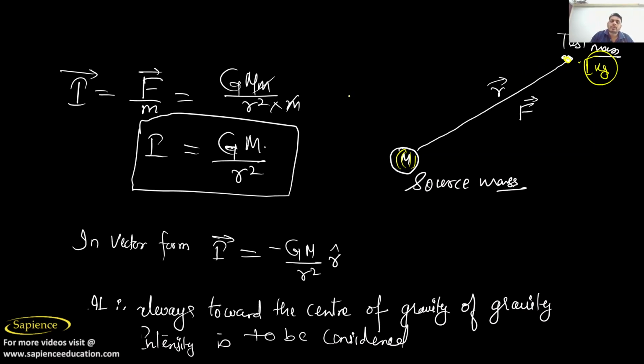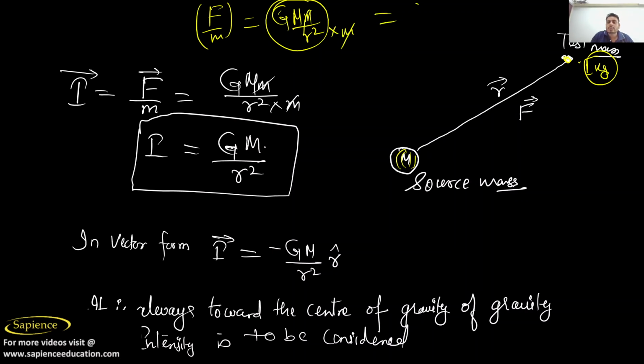Here, intensity is force divided by test mass. The force is G M m by r square, as we have discussed in the gravitational constant and Newton's law of gravitation. So divide it by m, and m gets cancelled out. You will get G M by r square, and this is called the intensity. This is the mathematical model of intensity.